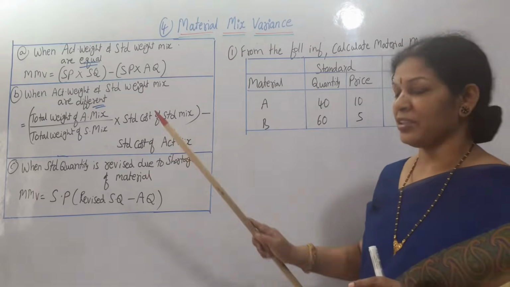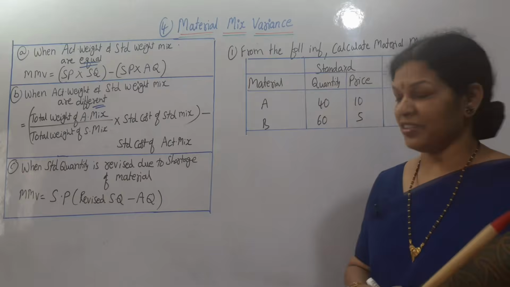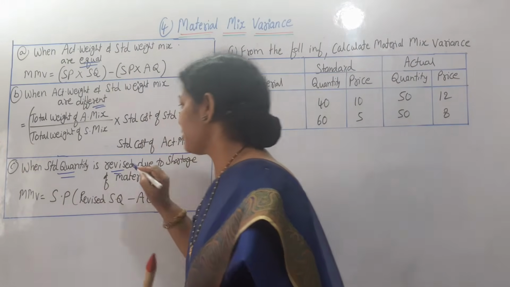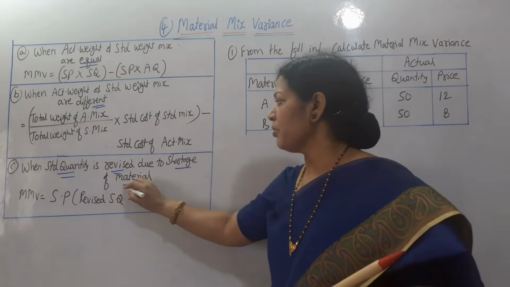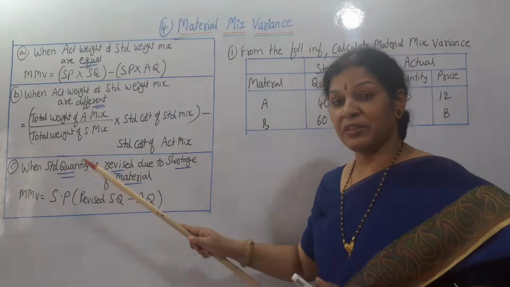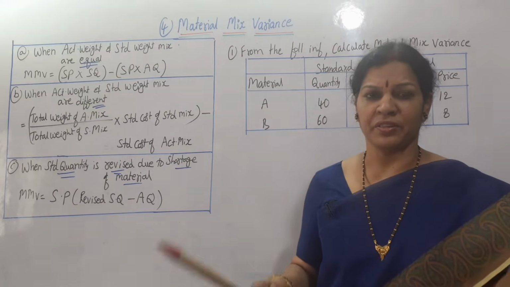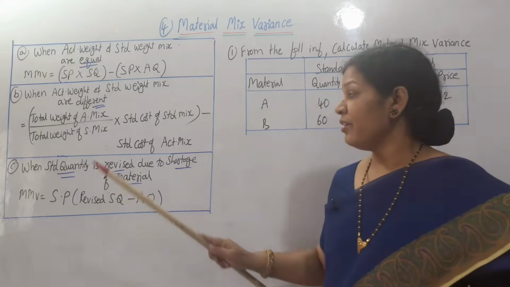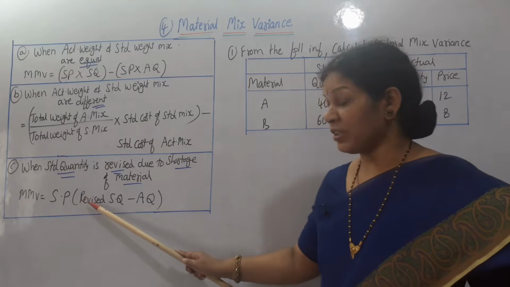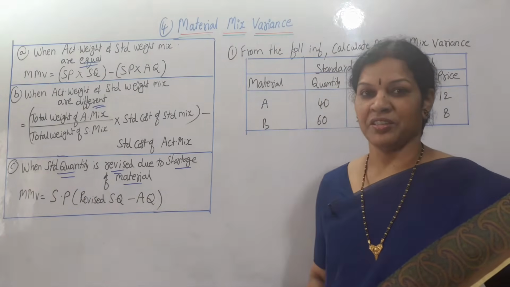Clear? Now coming to the third formula, when standard quantity is revised. What is revised? Standard quantity is revised due to shortage of material. Whenever there is a shortage of material, this standard quantity will be revised. If it is increasing or decreasing, means any kind of revision is happening, then we'll take this formula: standard price into revised standard quantity minus actual quantity.